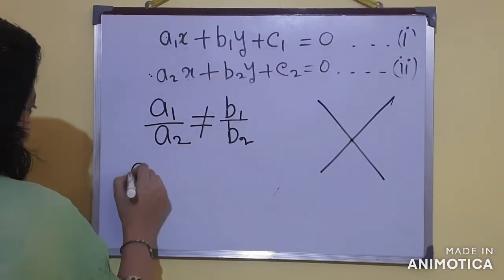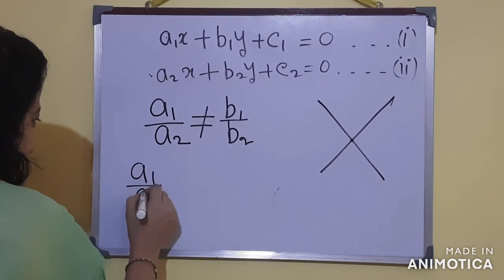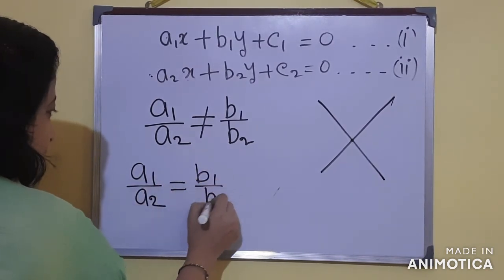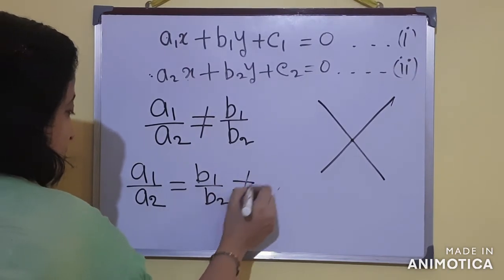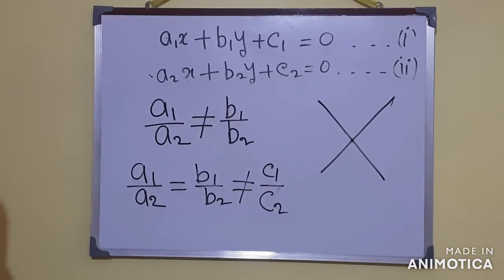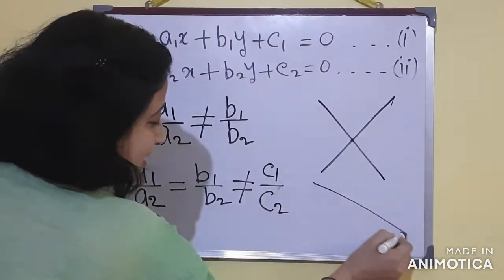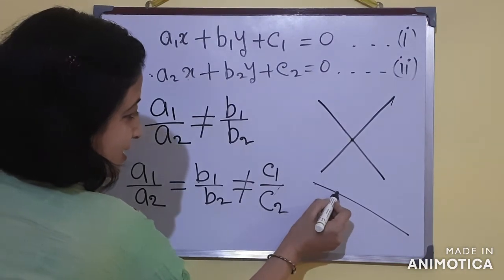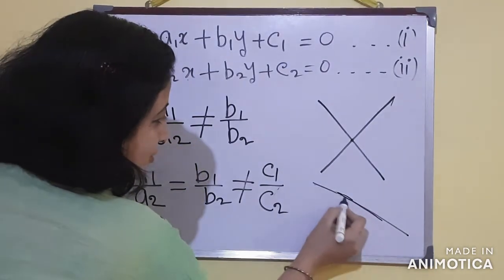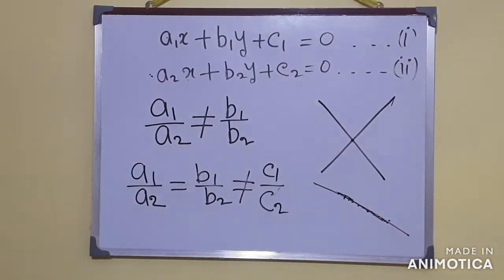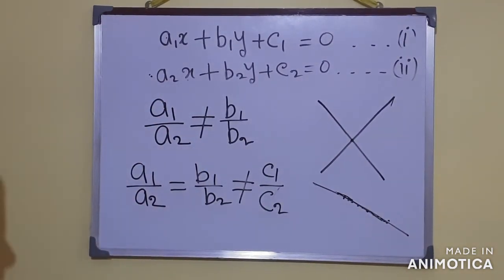But in the case when a1 by a2 is equal to b1 by b2, but not equal to c1 by c2, what's happening is that one straight line is coinciding with another straight line. That's why there are many solutions, many points which they are actually sharing.